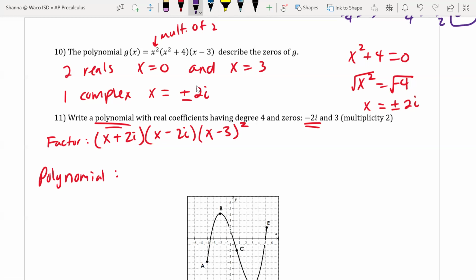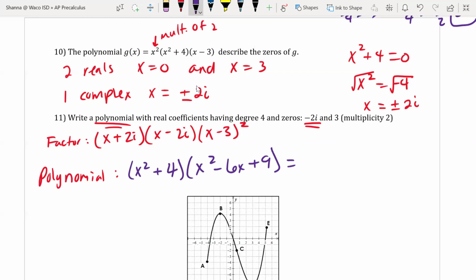So when I multiply my complex factors together, I'm going to be left with x squared plus 4. When I multiply x minus 3 squared, I'm going to be left with x squared minus 6x plus 9. Do we see where that comes from? Simply foiling.